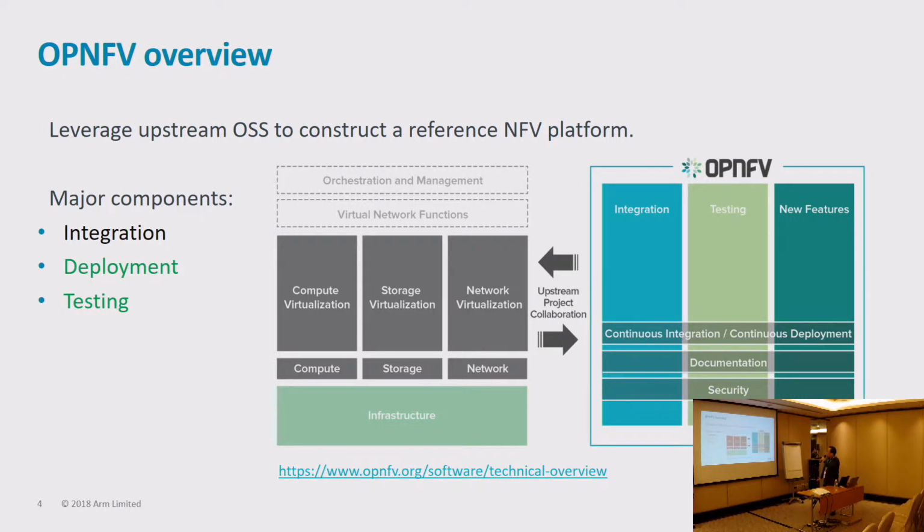What it means is that OPNFV itself is not focusing on developing whole solutions by itself, but is an integration project that integrates upstream open source projects to make deployable, maintainable, easier-to-test and standard NFV platforms. The major components are integration, deployment, and testing. In these slides, I'm focusing on the deployment and testing parts of OPNFV.